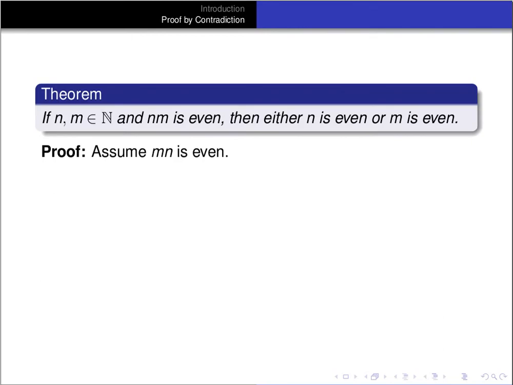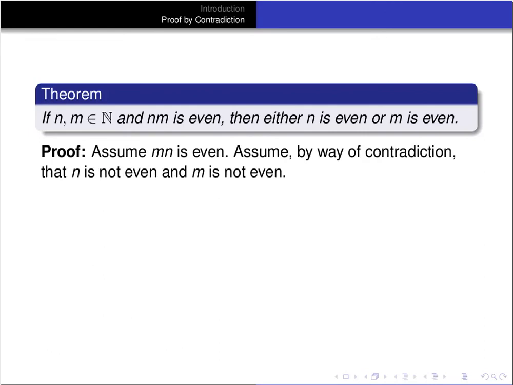Let's look at this statement that we proved in an earlier video, in the video on proof by contrapositive. We want to look at it and try to do it as a proof by contradiction. We'd say, all right, let's assume that n times m is even, and let's assume by way of contradiction that n is not even and m is not even.